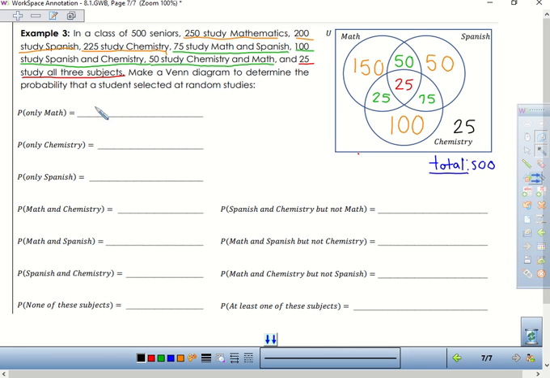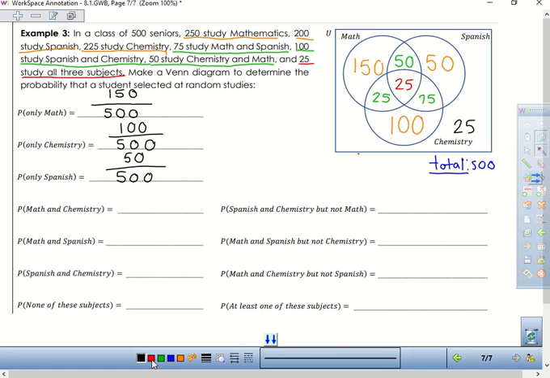Out of the 500 students total, how many of them take only math? 150. Good. Of the 500 students total, how many of them only take chemistry? 100. Good. And then of the 500 students total, how many of them take only Spanish? Good.